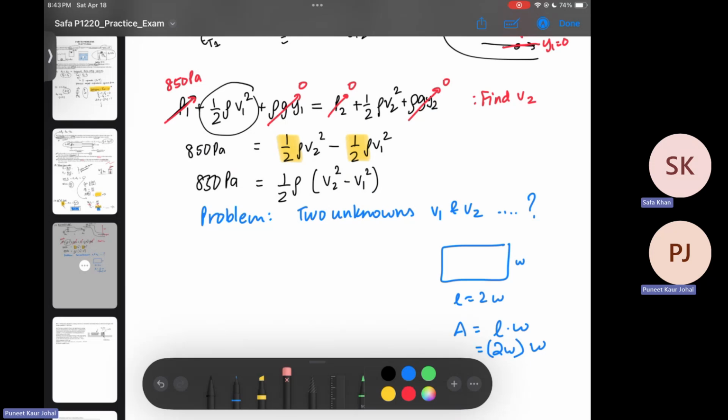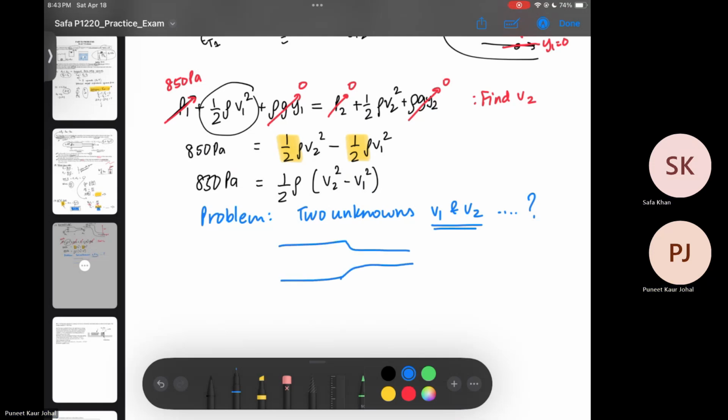Similar to that, we have to find some kind of a relationship between V1 and V2. We know they're in the pipe. There definitely is a relationship between them, and the relationship is the continuity equation, right? The area of one times velocity of the one section should be exactly equal to the area times velocity of the second section.